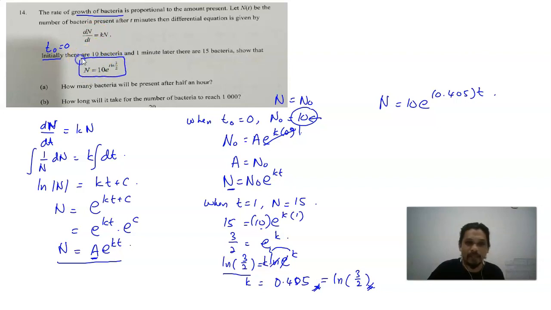So N equal to 10 e power of natural log of 3 over 2 multiplied with T. ln 3 over 2 times T is just the same. There you go.